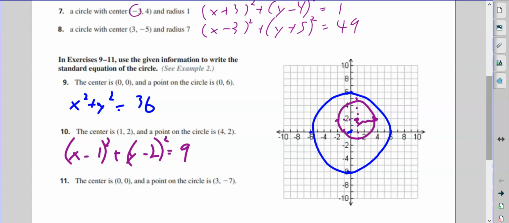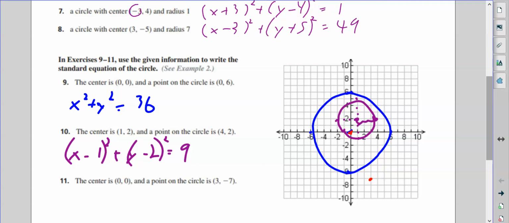And we're back to 0, 0 for the center, and 3, negative 7. So 1, 2, 3, down 7 is going to be right here. All right.